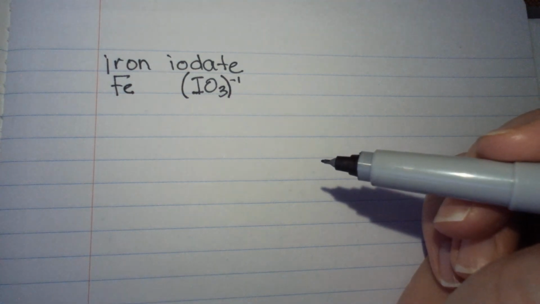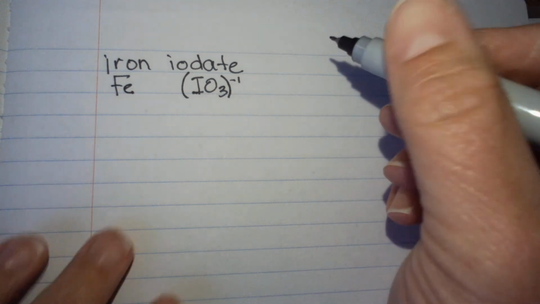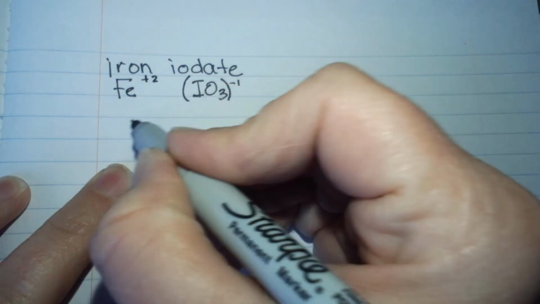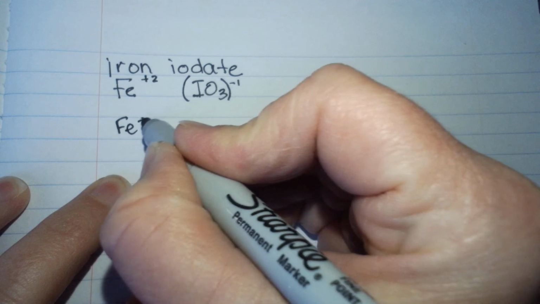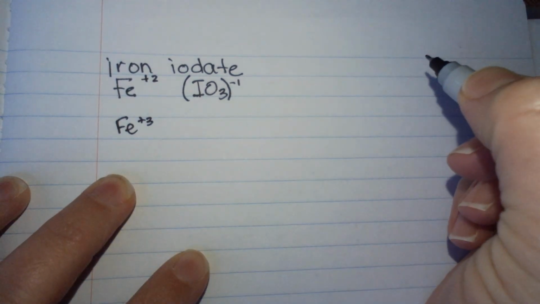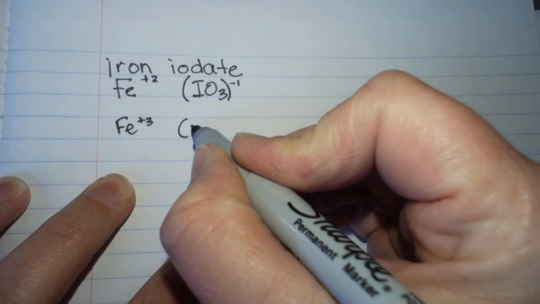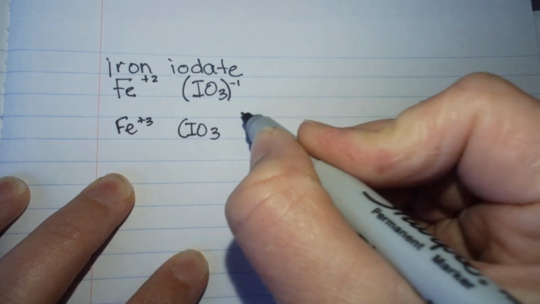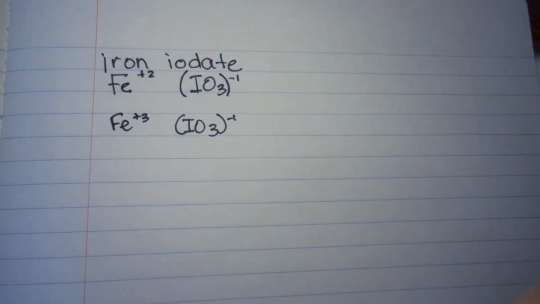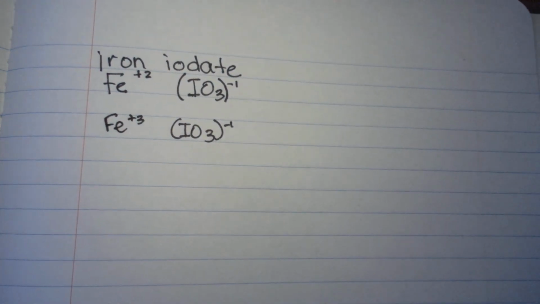Iron, we know, could make a +2 or a +3 charge. So we're going to have to do the same thing that we did before. We have 2 options when we crisscross our charges.